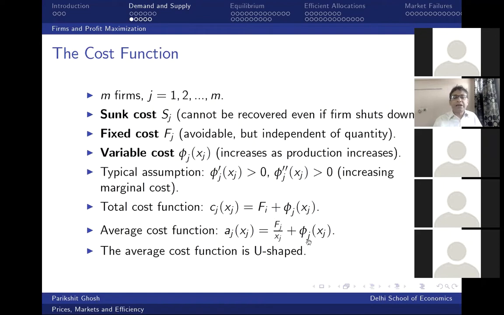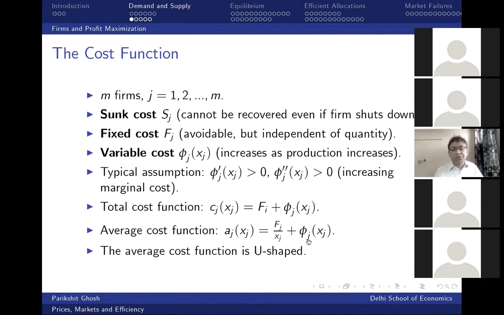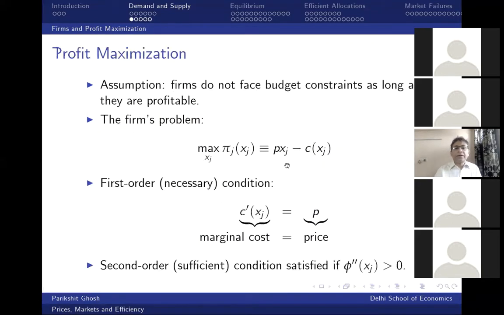So there are two forces pulling in opposite directions on average cost as the firm increases its production. So often we take the average cost function to be U-shaped, and that's a natural shape that often comes out because of these two opposing forces. Not always, it's not absolutely necessary, but it usually takes that form.